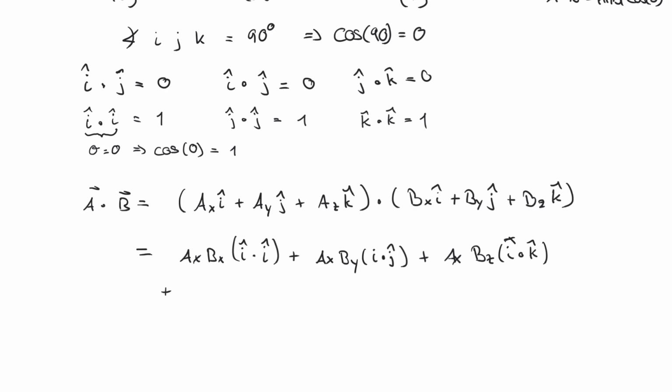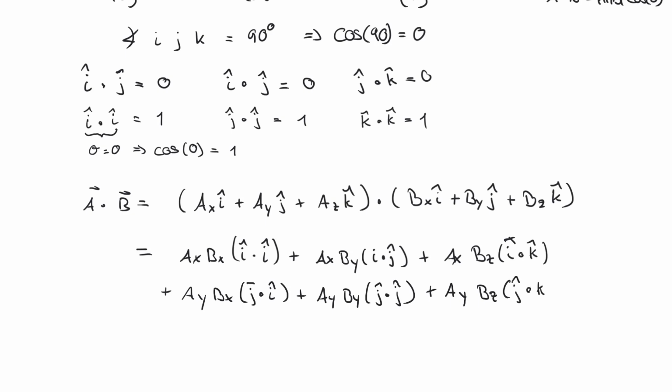So then I would have plus ay bx, and that would be j dot i, and then I have ay by, and this would be j dot j, and then I have ay bz, and that would be j hat dot k hat.